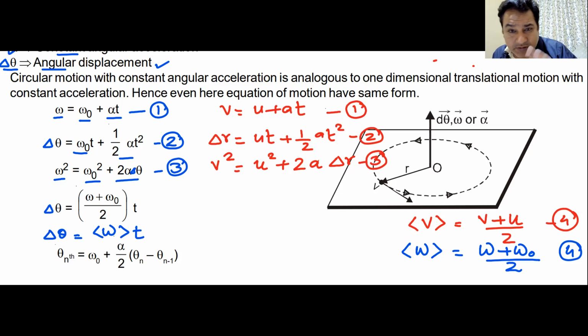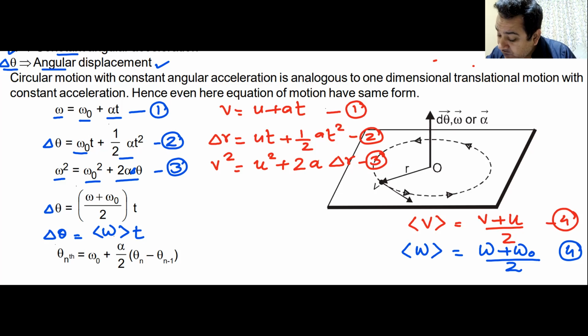Remember, this is a formula that we have already seen, not in this form, but in a different form. Average angular velocity is total angular displacement divided by total time. I've just taken time on the other side. So I can write delta theta as omega average into t.